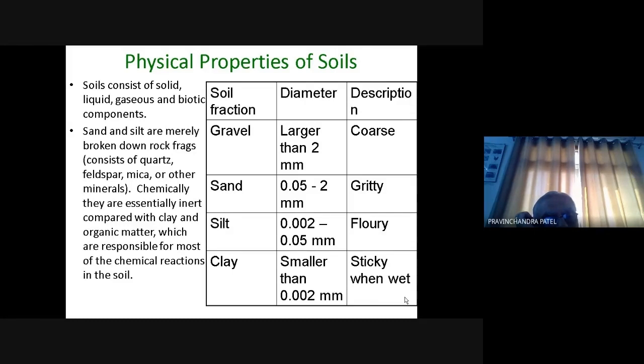So I have told many times that sand is inert matter as compared to clay and organic matter, which are responsible for most of the chemical reactions in the soil. So if clay and organic matter are absent in your soil, then your soil is poor in fertility and you are getting less crop production.